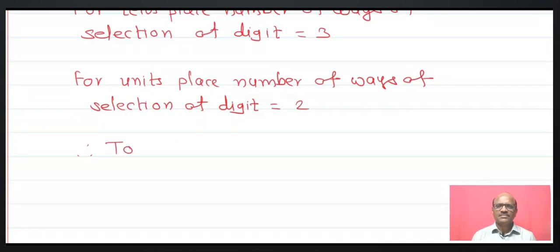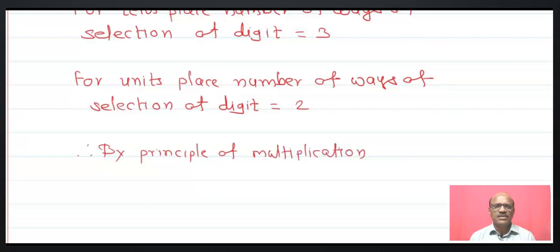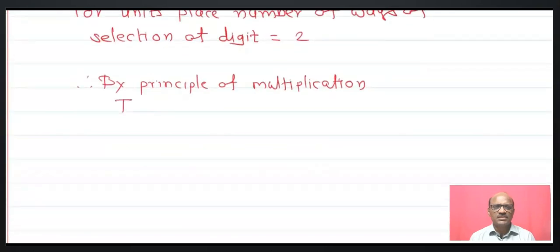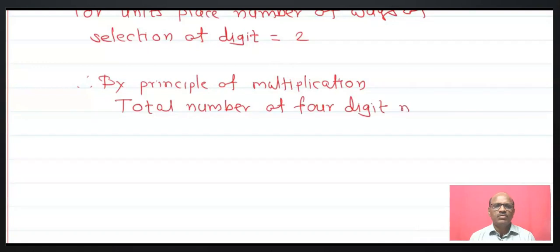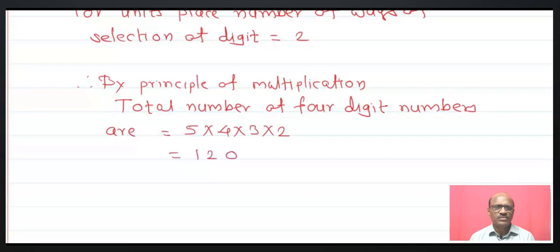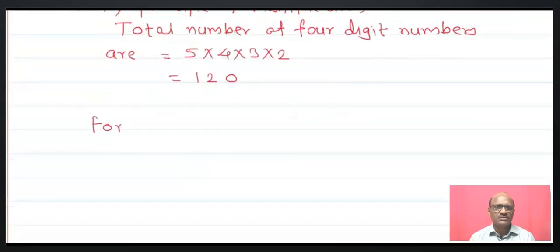Therefore, by principle of multiplication, the total number of 4 digit numbers is 5 into 4 into 3 into 2, that is equal to 120.